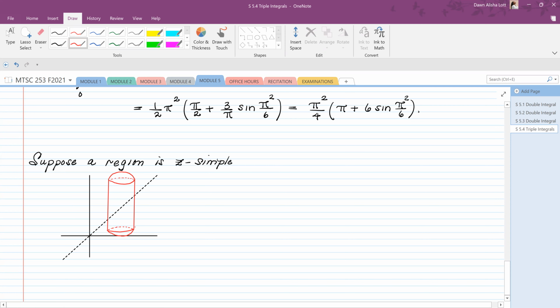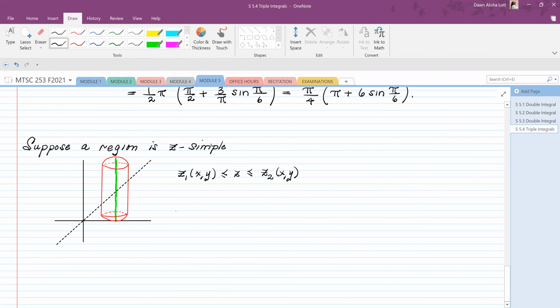Okay, so this thing on the top, so now if I were to look at Z, you can see that Z1 of XY is less than or equal to Z is less than or equal to Z2 of XY.